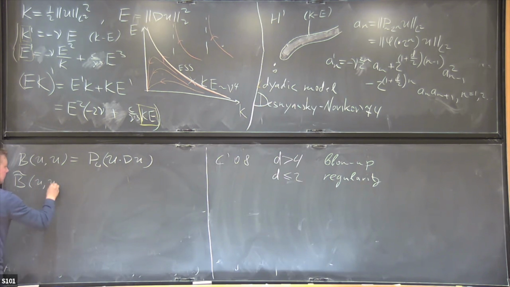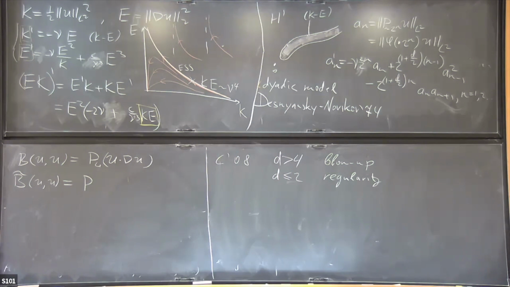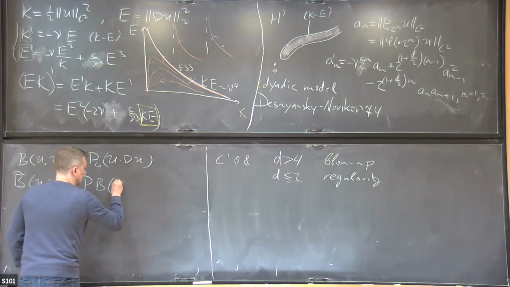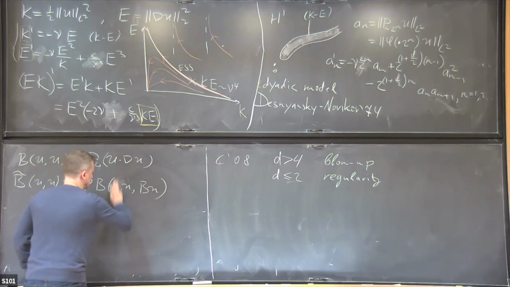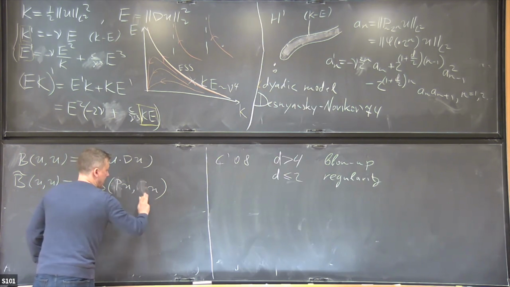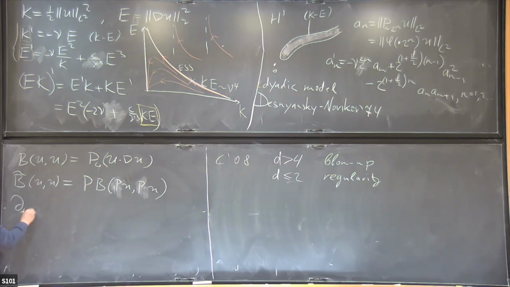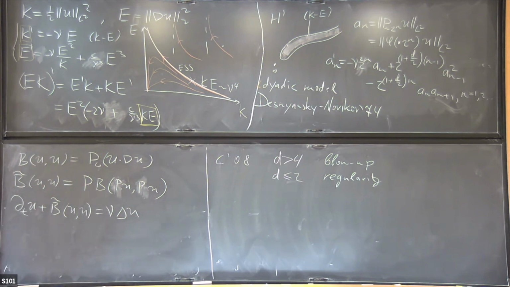I can design a projection in Fourier space, and then we project B. Then the equation dt u plus the tilde B of u equals the Laplacian of u admits solutions that blow up.